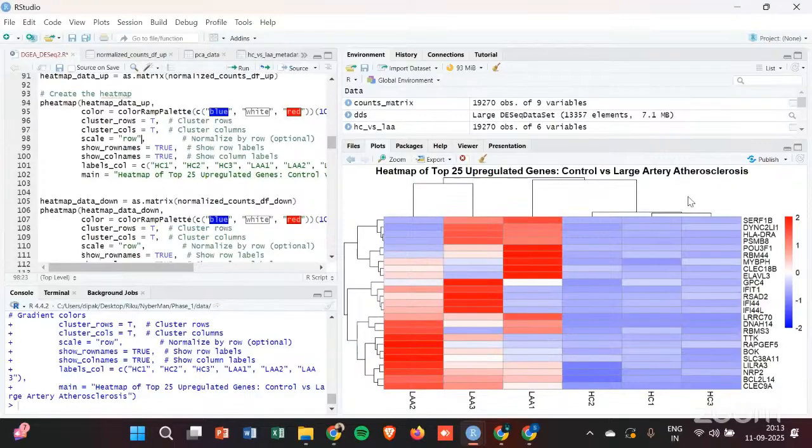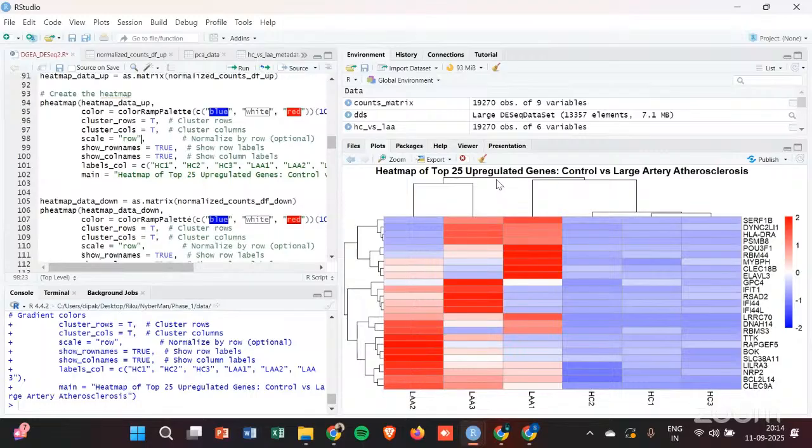And why both of them make sense is because ideally, if you have done your analysis correctly and your conditions do have biological difference, you should see the classes clustered together in both cases. As I said, when I started explaining heat maps, this is kind of a diagnostic test of how well your analysis worked.